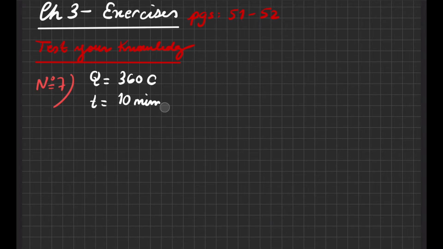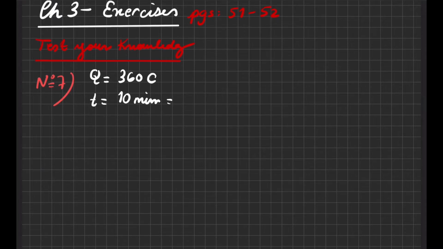We need everything in SI units, so 10 minutes is equal to 10 times 60 seconds, that is 600 seconds.